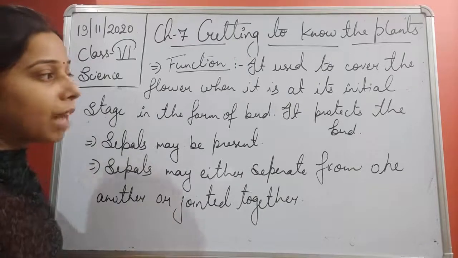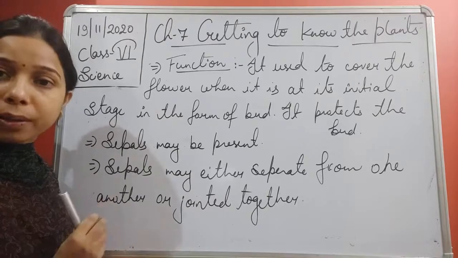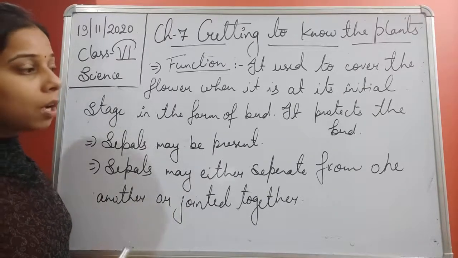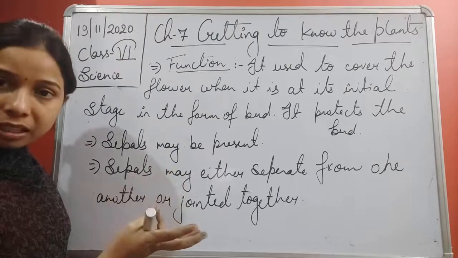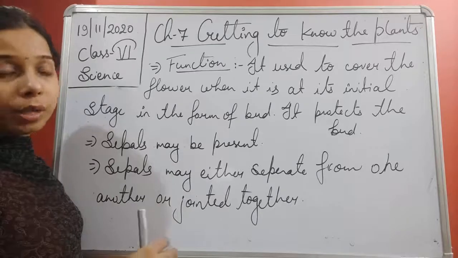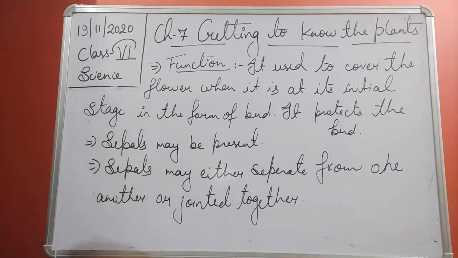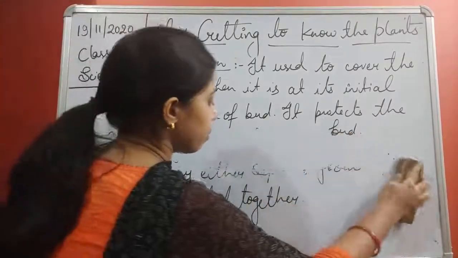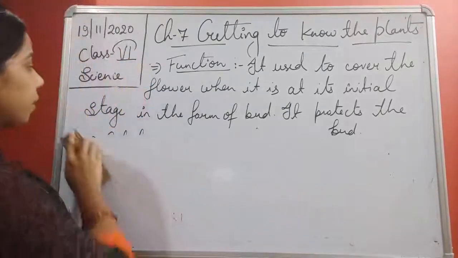When the flower is at the bud stage, these sepals cover it and help in its protection. Now these sepals may remain attached with each other or be separated from each other. So this is all about the sepals of the flower, which is the first part of the flower, students.